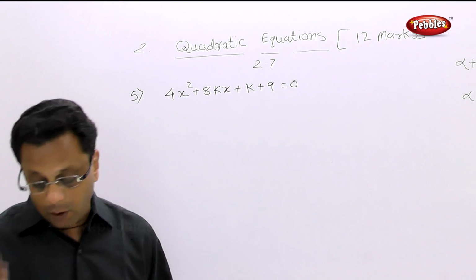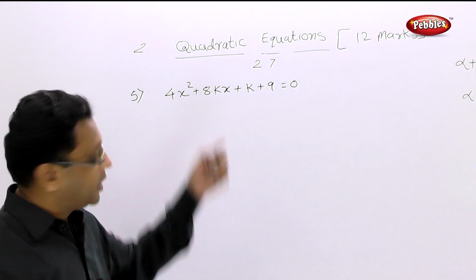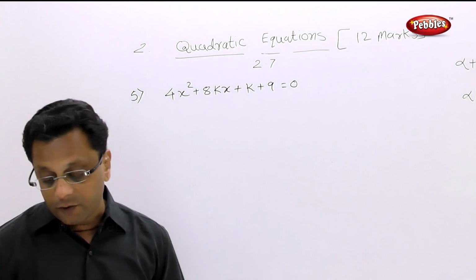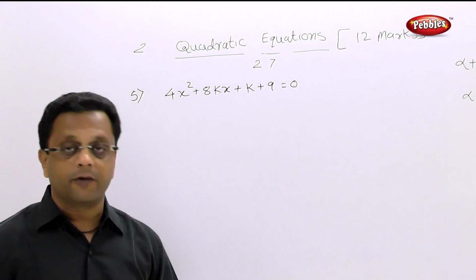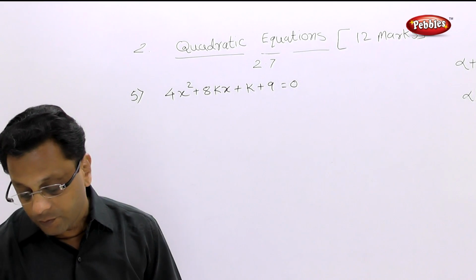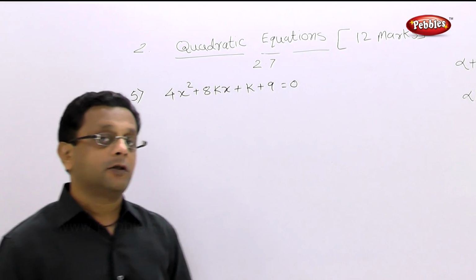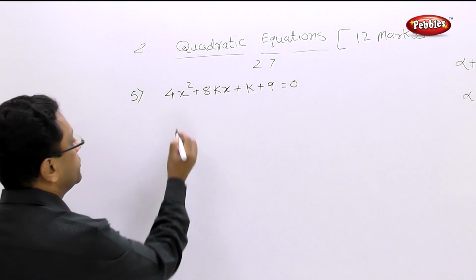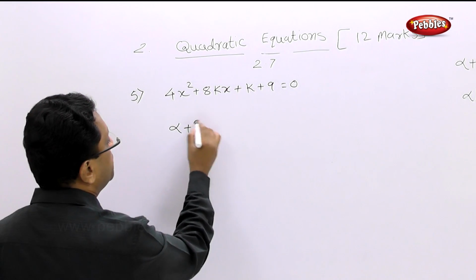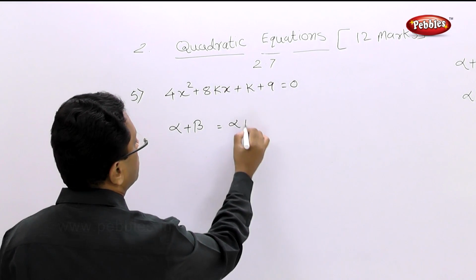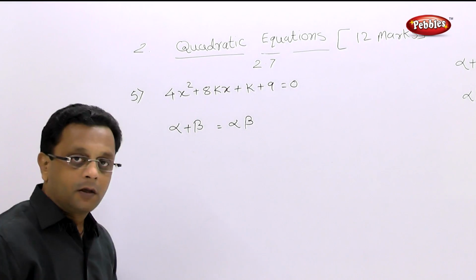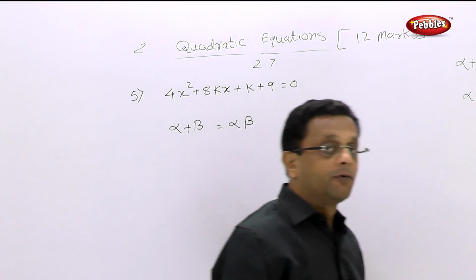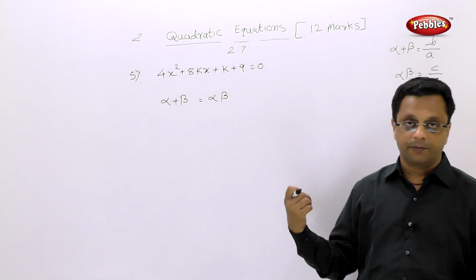And the problem is, find the value of k if the sum of the roots of this quadratic equation is equal to their product. That means the given is alpha plus beta is equal to alpha beta. The sum of the roots is equal to their product.